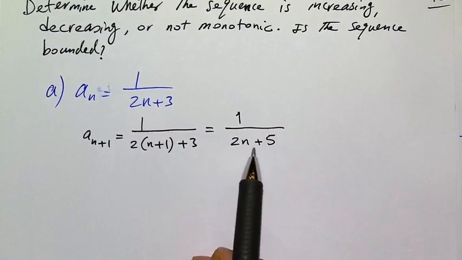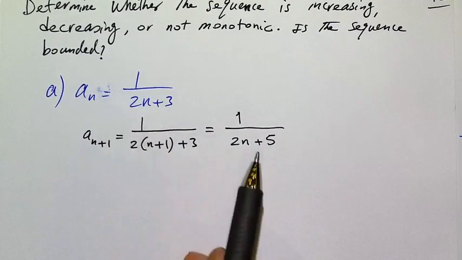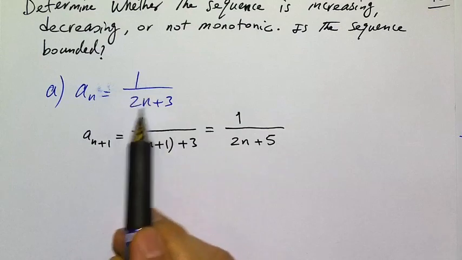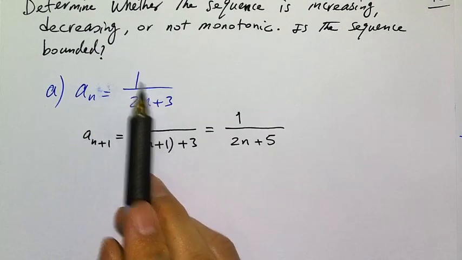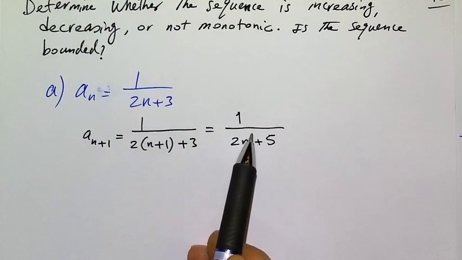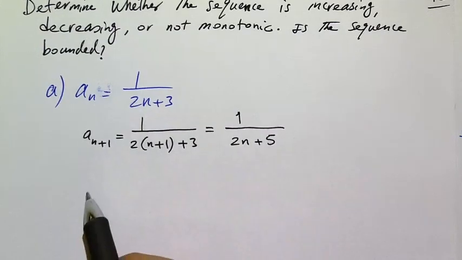So looking at the denominators of these two, the denominator of a sub n plus 1 is larger than the denominator of a sub n, but the numerators are the same. That means that this quantity is always less than this quantity. So let's write that down.